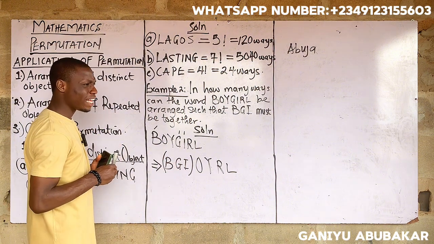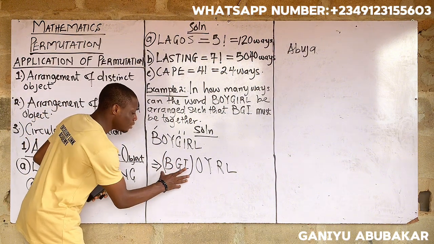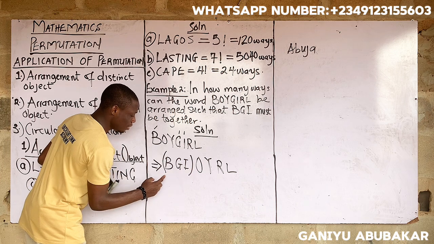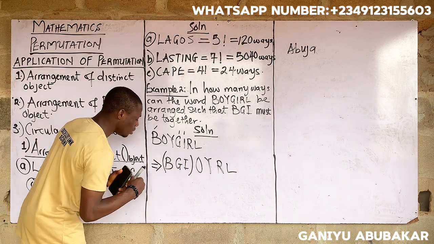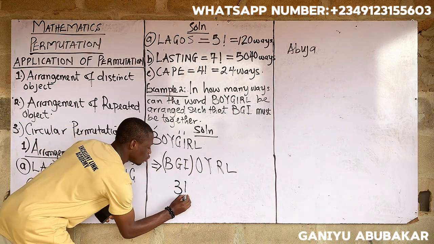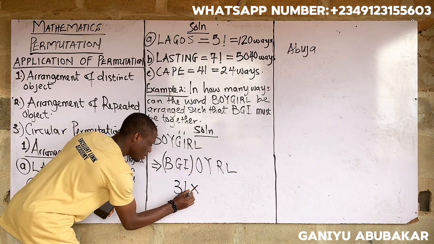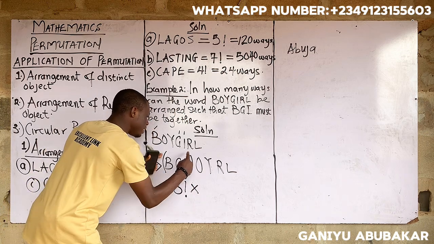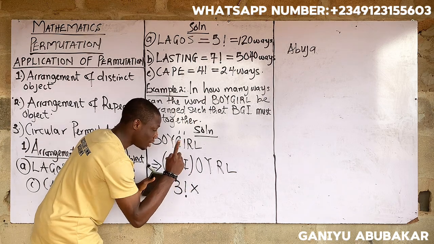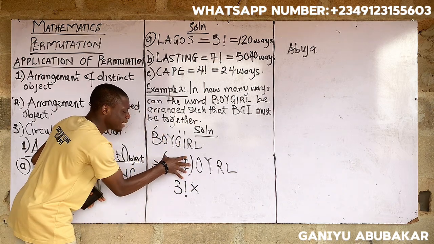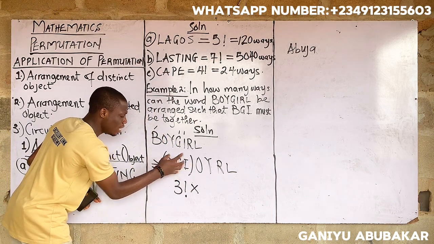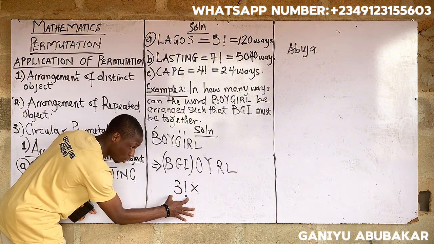Your first task is to consider the term that must be together first. So this is 1, 2, 3. That becomes 3 factorial. Are you seeing that? Consider this one first, times, you consider this bracket here as 1. Listen up. We said consider the term that must be together first. That's 1, 2, 3, that's 3 factorial.